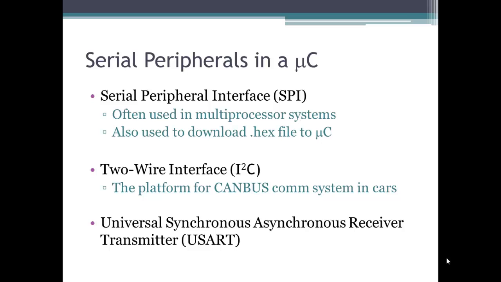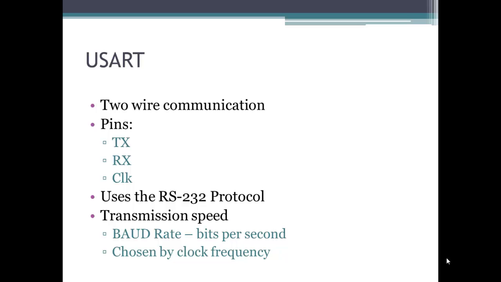And the focus for our topic today is the universal synchronous asynchronous receiver transmitter, or the USART, widely used in a number of applications. It's a two-wire communication scheme, and the pins associated with it, commonly found on a device that supports USART communication, are the TX pin for transmitting, the RX pin for receiving, and the clock pin for transmitting a clock signal if used.